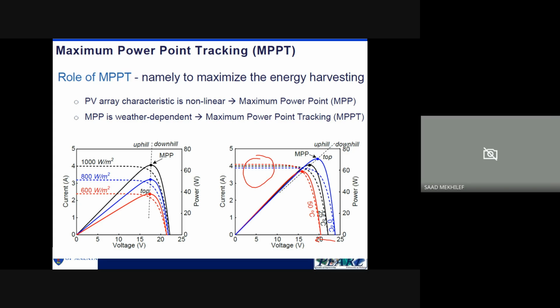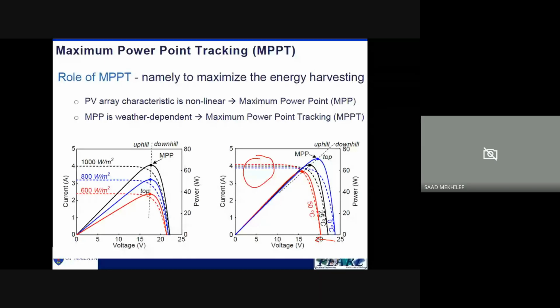This is a drop in open circuit voltage. As the temperature increases, there is a voltage drop. And when there is a voltage drop, it means there is a power drop, because power equals voltage times current in a DC system, right?